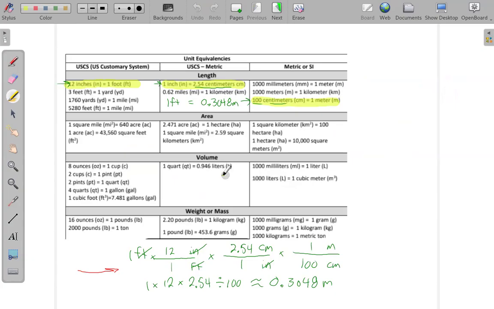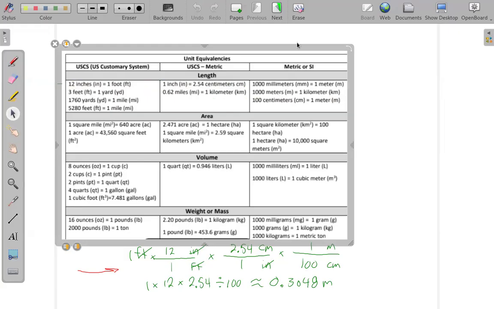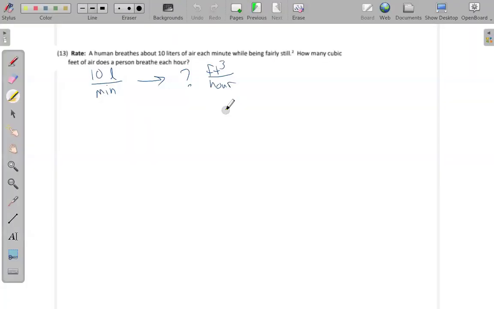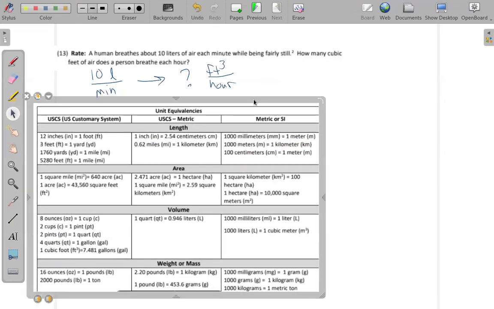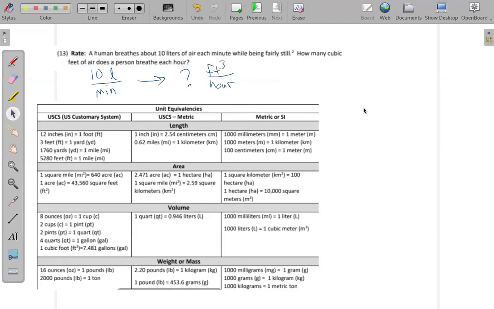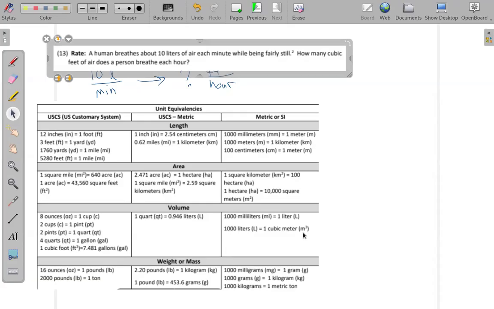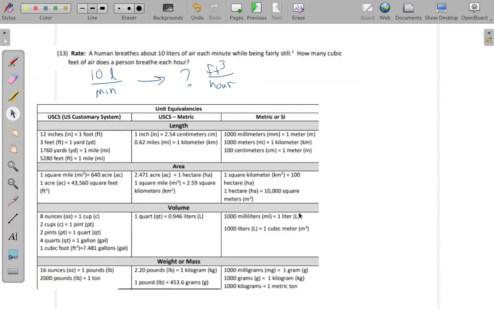Liters. Okay, here's liters there. So I'm going to need that. So I'm just going to borrow this whole thing. Put it in here. Okay, what can we use here? Okay, we've got liters to quarts. That could be useful. Ooh, liters to cubic meters, and there's cubic feet. So we know a relationship between cubic feet and cubic meters.